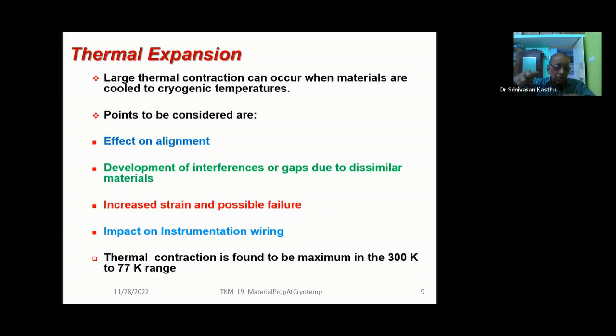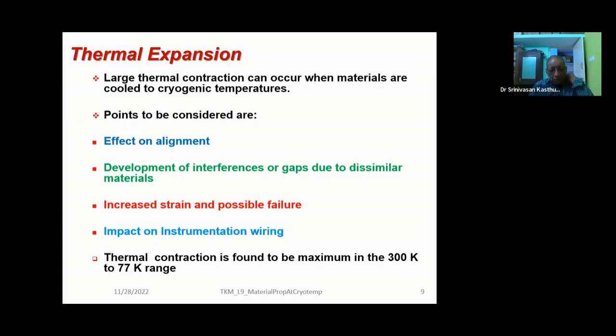But suppose the same item is taken to low temperature and the two materials are different, then alignment will be gone because thermal contraction for both the materials will be different. Sometimes interferences develop, or large gaps can come due to dissimilar materials. Also, if you do not allow it to expand or contract, a lot of strain will be on the material and it can possibly fail.